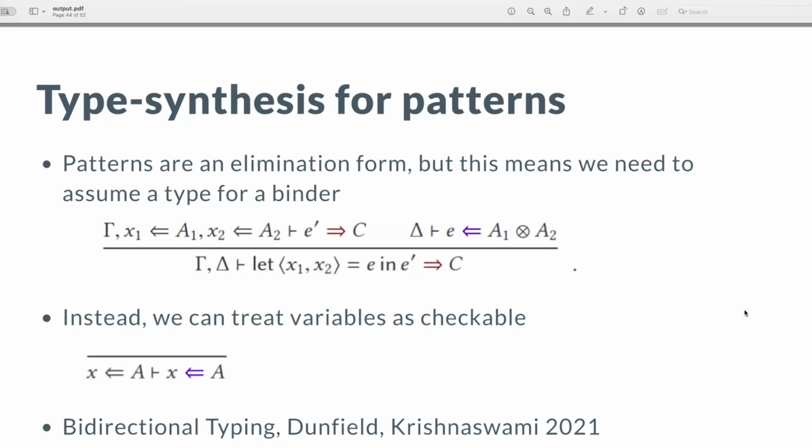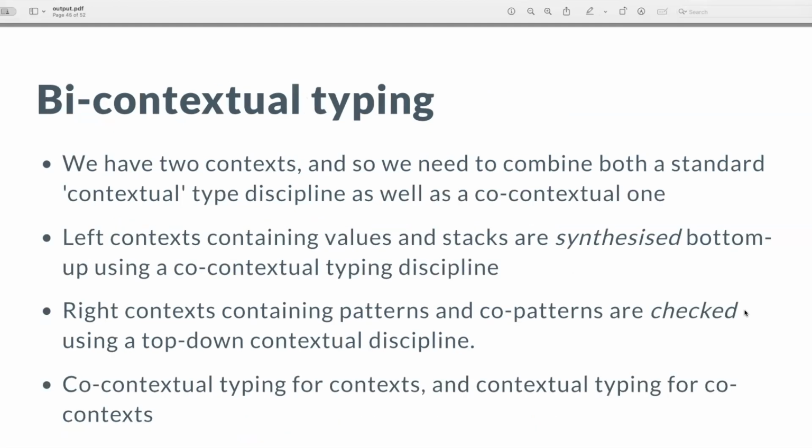So you might notice that this thing looks like a cut. This looks like a pattern. This looks like a value. And so you might notice that this makes it very convenient for us to type check the sequent calculus. However, the sequent calculus has two contexts, so we need to introduce bi-contextual type checking. The left context for patterns is type checked as I just described.